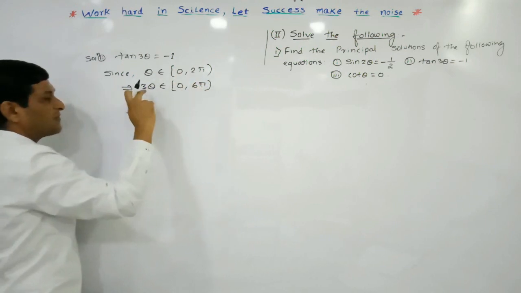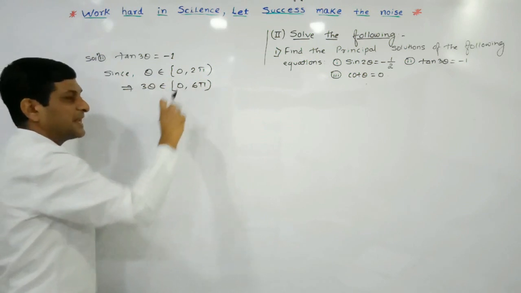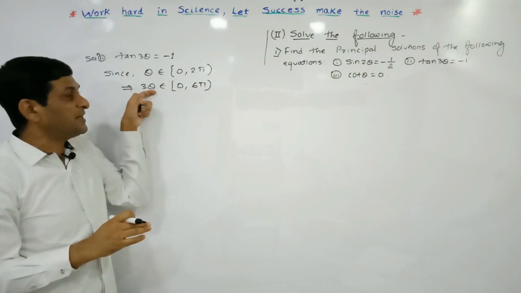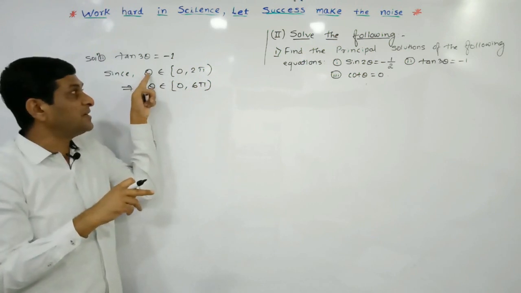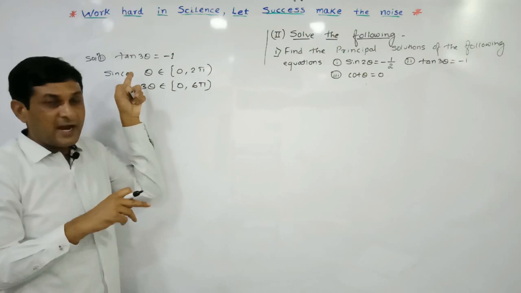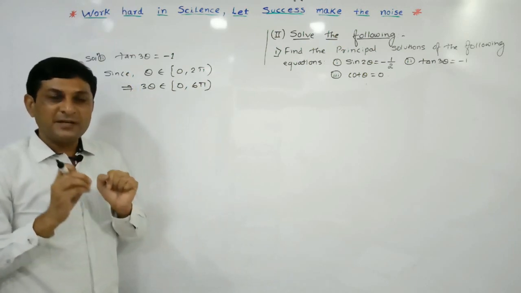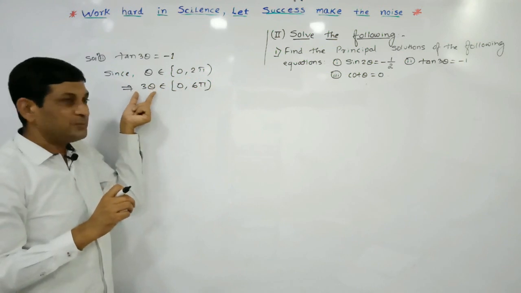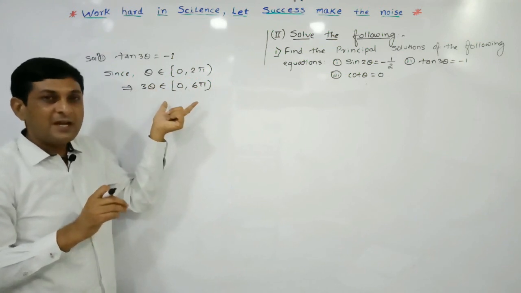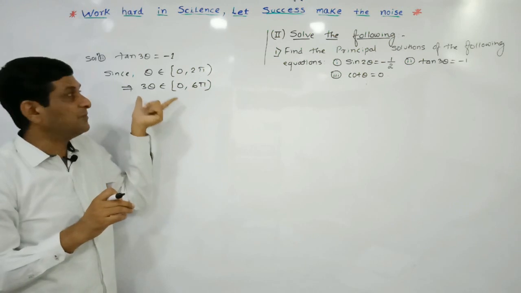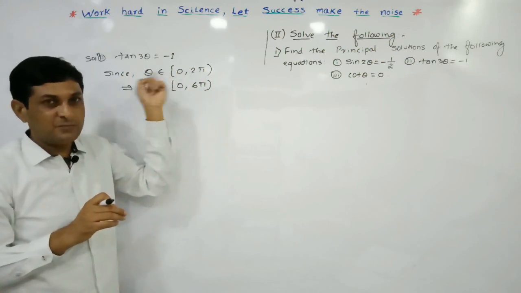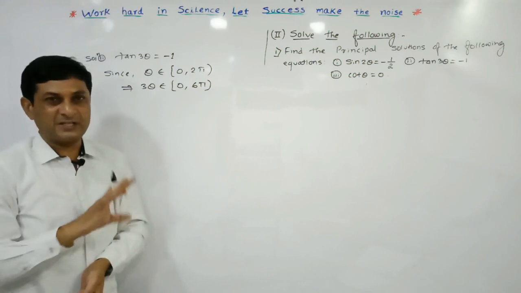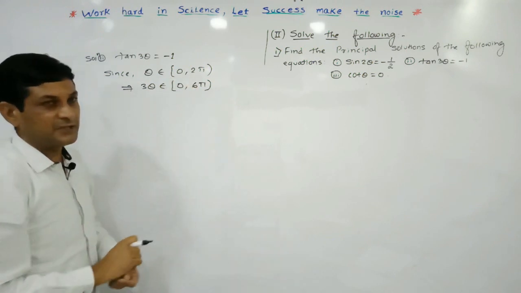Means we have to find the values of 3 theta which lie between 0 to 6 pi. But after dividing by 3, theta, because our variable is theta, and according to our definition theta should lie between 0 to 2 pi. We are finding values of 3 theta which lie in this interval, and after dividing every term by 3, we will get the values of theta which lie between 0 to 2 pi. Means such values can be considered as principal solutions.